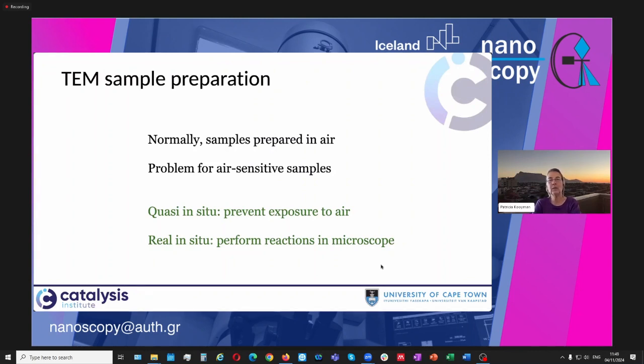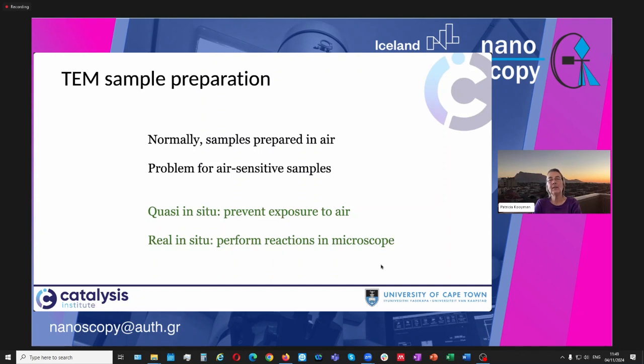For powders, we usually make a suspension in some fast evaporating liquid that doesn't change the samples, and then we put a few drops of that on a carbon-coated metal sample holder. But that's all just in air, and also many of the cutting techniques like ultramicrotomy are performed in air. And if you do FIB-SEM, then normally you transport your sample through air to the microscope afterwards.